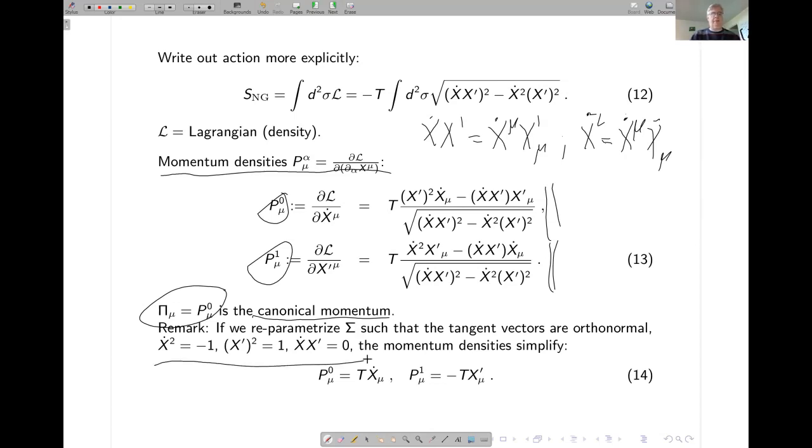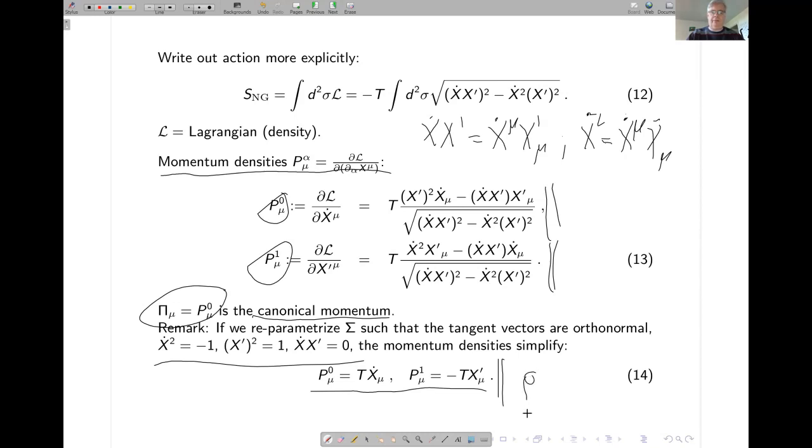So x dot is a time-like vector, x dot squared is -1, x prime squared is 1, and the two are orthogonal. If you plug this in, then you see that these momentum densities are just proportional to the tangent vectors. And now you realize that these relations are quite a natural generalization of what we would have for a particle.